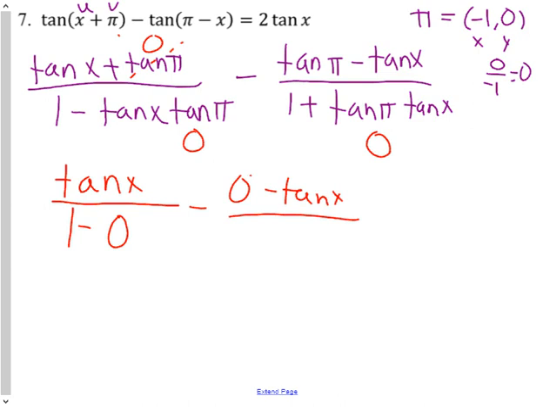There's where that plus tangent comes from, and then 1 plus 0 times tangent of x. So we've got tangent of x over 1, double negative, right? It's going to be plus another tangent of x, equals 2 tangent of x. Sounds good to me.